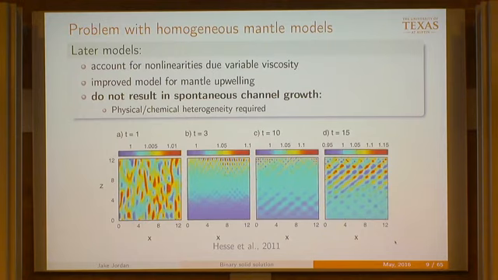The explanation generally invoked for this is that there has to be some sort of heterogeneity. And so this is an example from my advisor of one of such models that does not produce spontaneous channels.